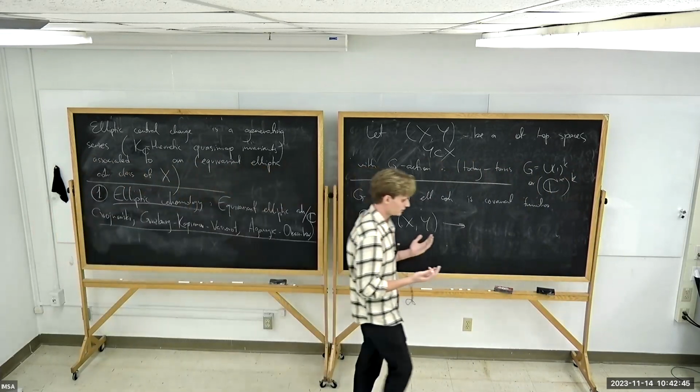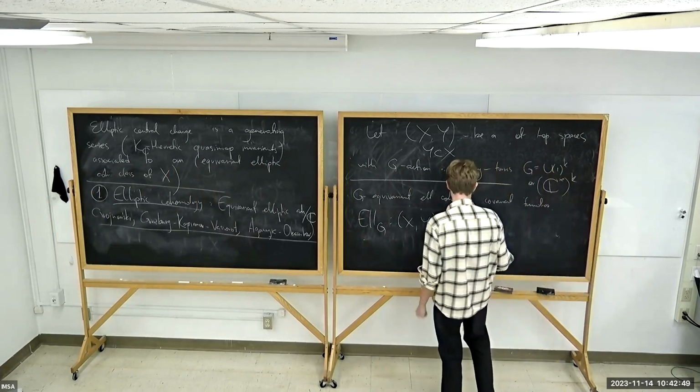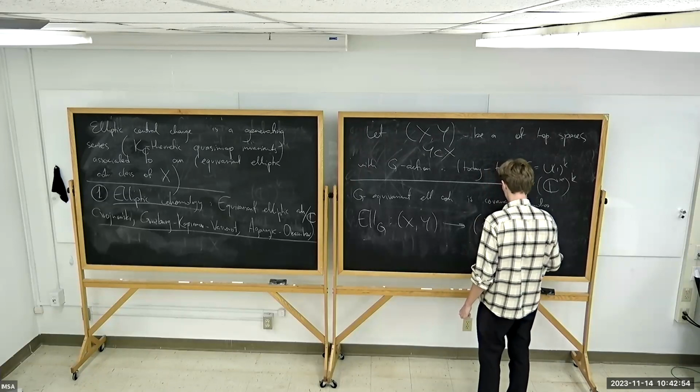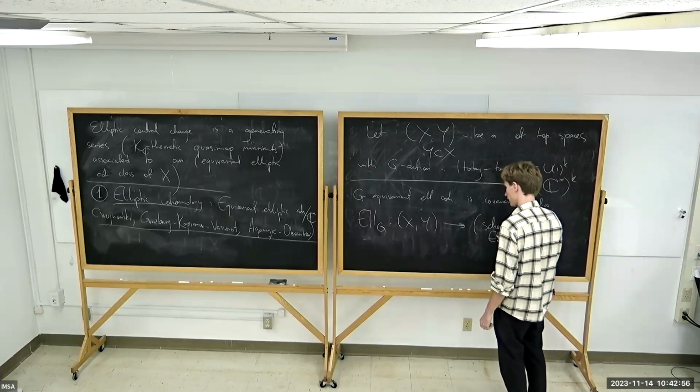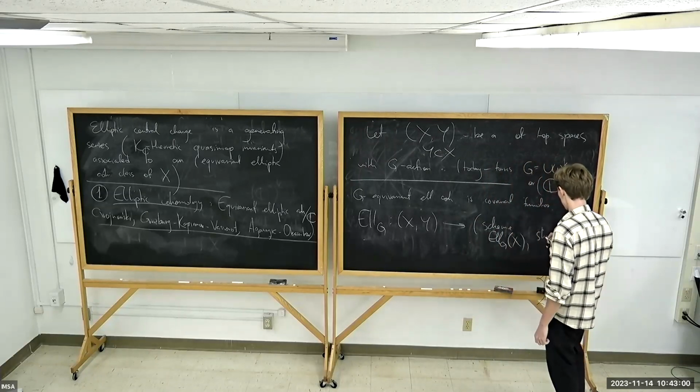Elliptic cohomology in this framework is a functor not to abelian groups, but instead to sheaves over some scheme. So a scheme, which I'll call L sub G of X, and a sheaf on the scheme.